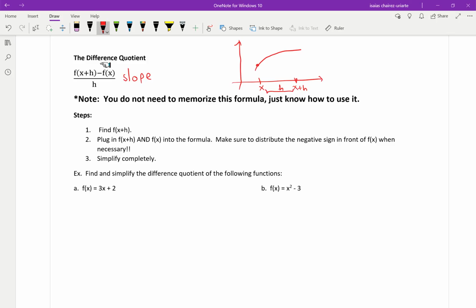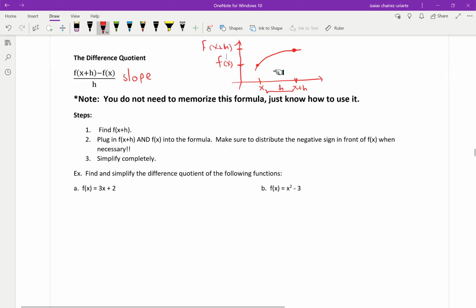So I have a point there, I have a point there. Here the y coordinate, since this is x, the y coordinate right here is going to be f of x, and then the y coordinate up here should be f of x plus h.